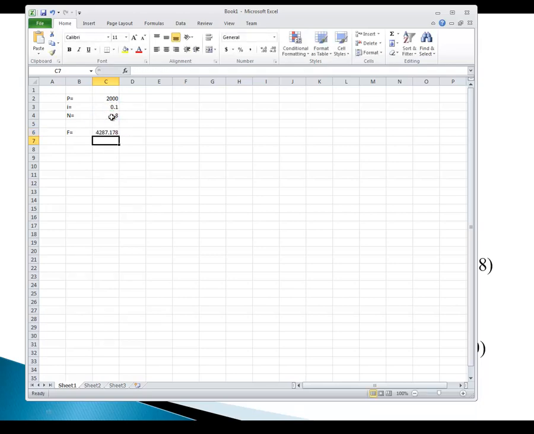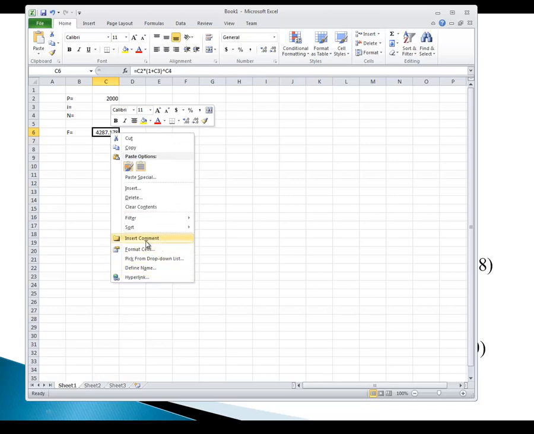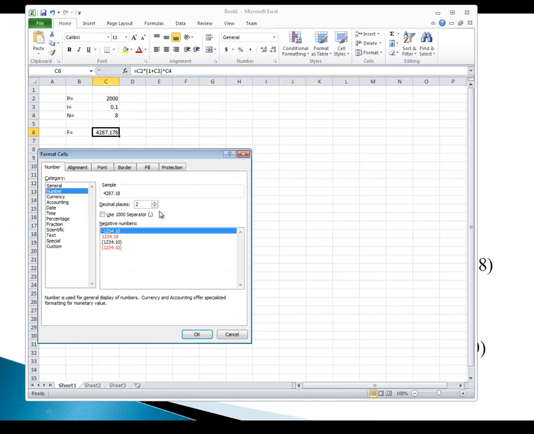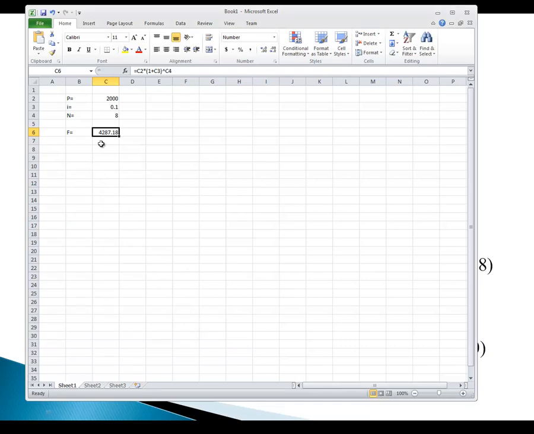We can show it with 2 decimals, and that will be approximately $4,287 and 18 cents, which is the value that we are looking for.